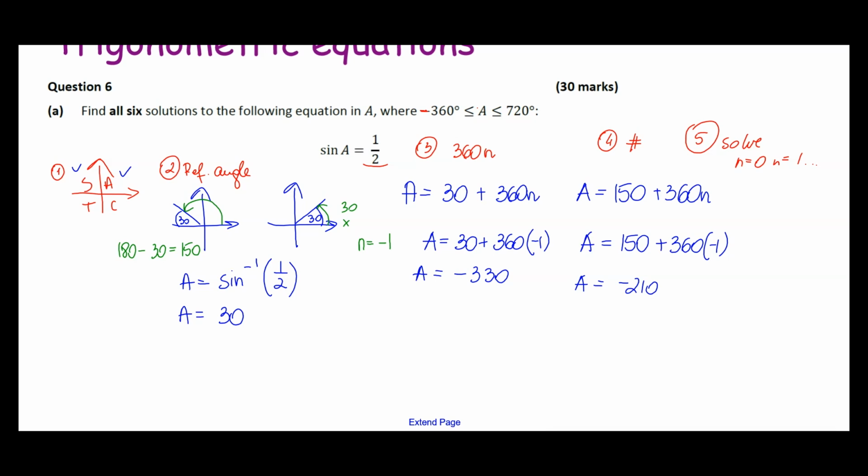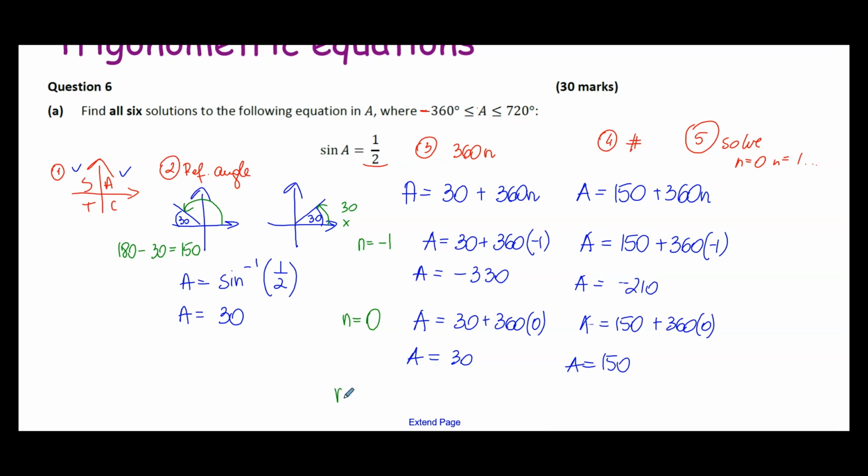And then we go to the next part. Now we are considering, what if we have no turns? That is simple enough, because if n is 0, our angle is 30. And the same here, 150 plus 360 multiplied by 0, so that will be just 150.